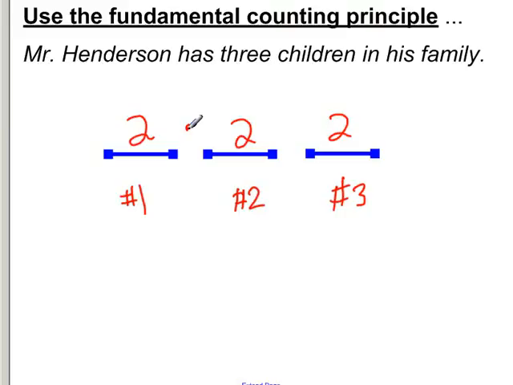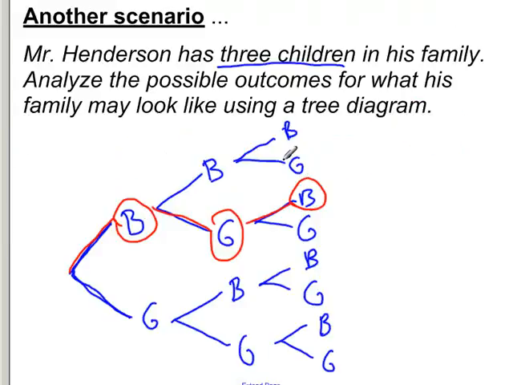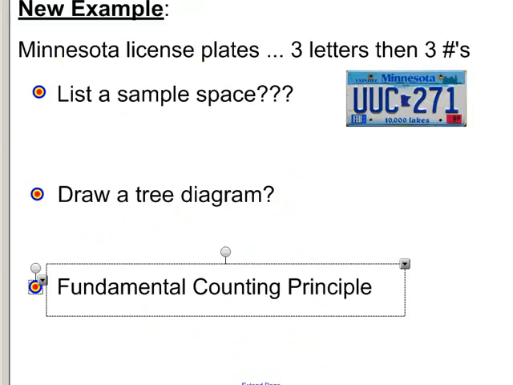The fundamental counting principle says if you multiply those numbers, you will get 2 times 2 is 4 times 2 is 8. There are 8 ways that could occur. That's exactly what our tree diagram found. There are 8 ends on that tree diagram. And that's what the fundamental counting principle does. It says how many things could happen, rather than drawing the big tree diagram.